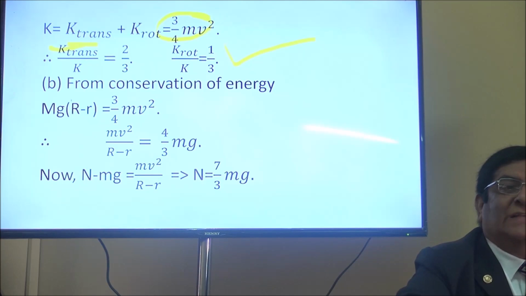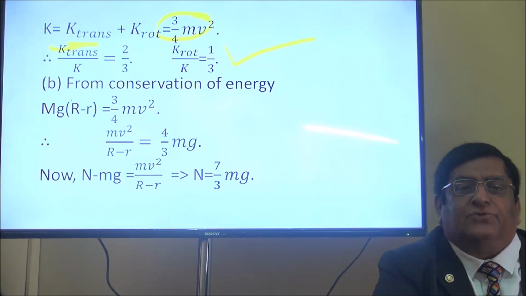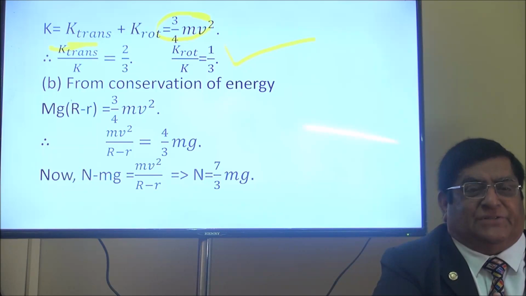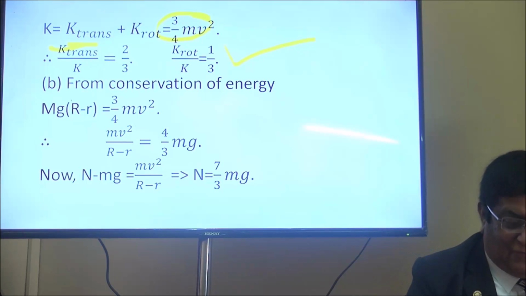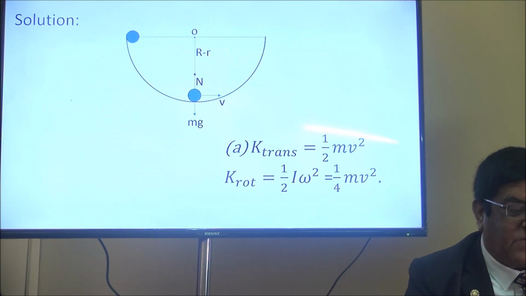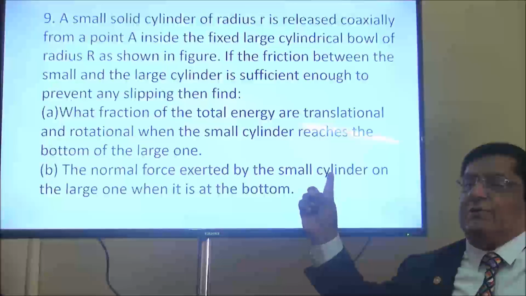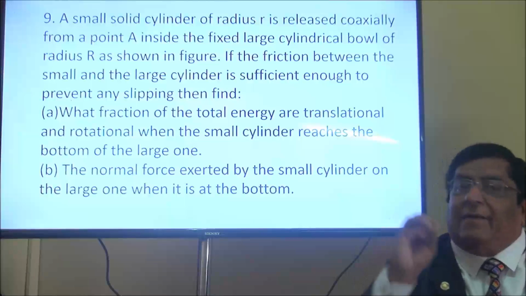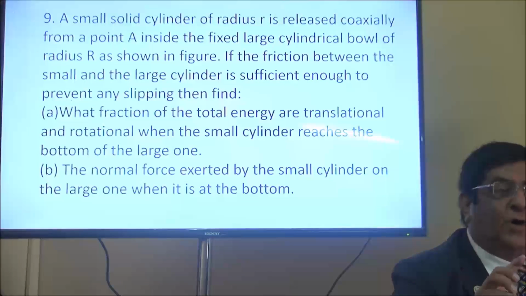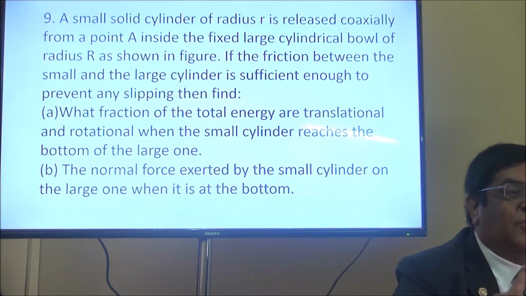Okay. What is the second part of it? To find the centripetal force so that we can add it with mg. Please listen here. In the second part, we are supposed to find the normal force by the small cylinder on the large cylinder, and that we have decided is equal to mg plus mv square upon r. What is that r? Radius of rotation.